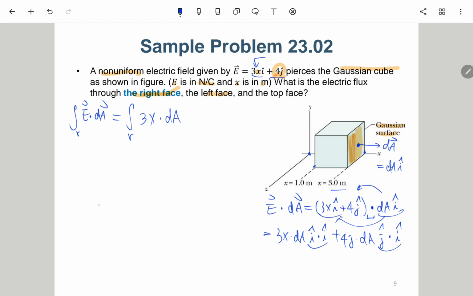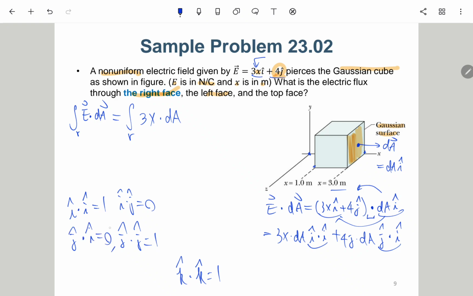We have i dot i to be 1, j dot j to be 1, k dot k to be 1, and i dot j to be 0, j dot i to be 0, i dot k to be 0, j dot k to be 0, k dot i to be 0, and also k dot j to be 0.